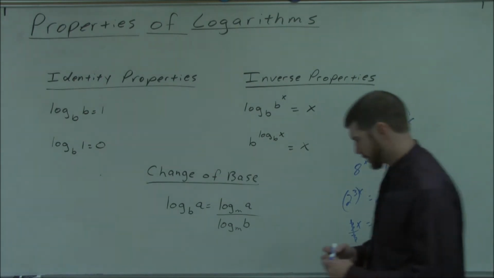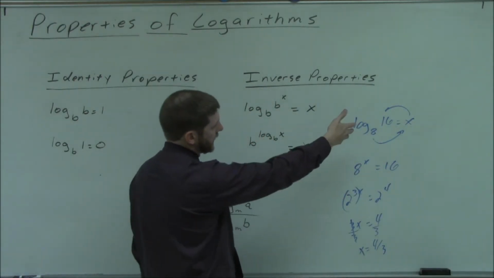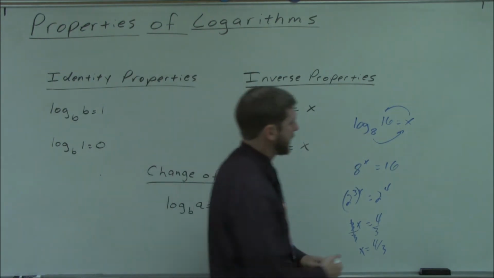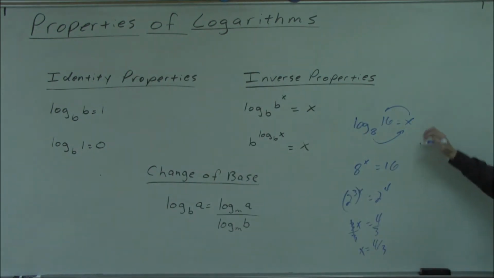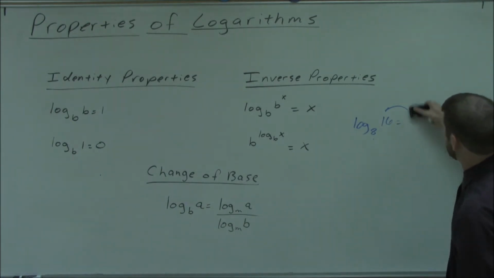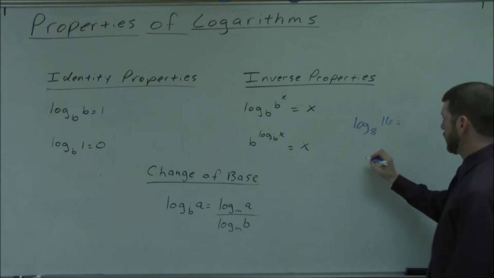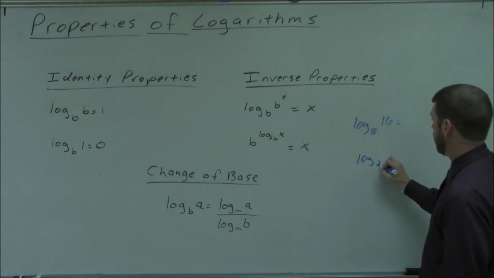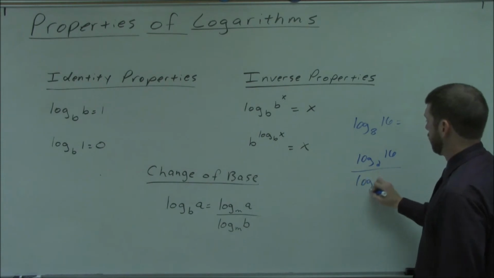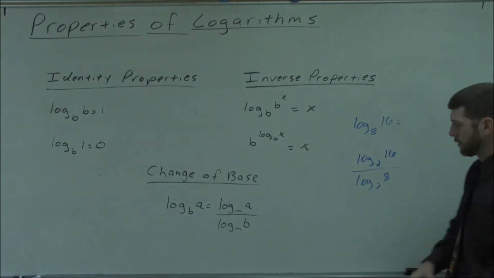The change of base formula works like this. Say I had my log base 8 of 16 here, and instead of doing all that, what if I wanted to make it into base 2s, because we know they are both base 2s? I can say, what if I make it log base 2 of 16 divided by log base 2 of 8?